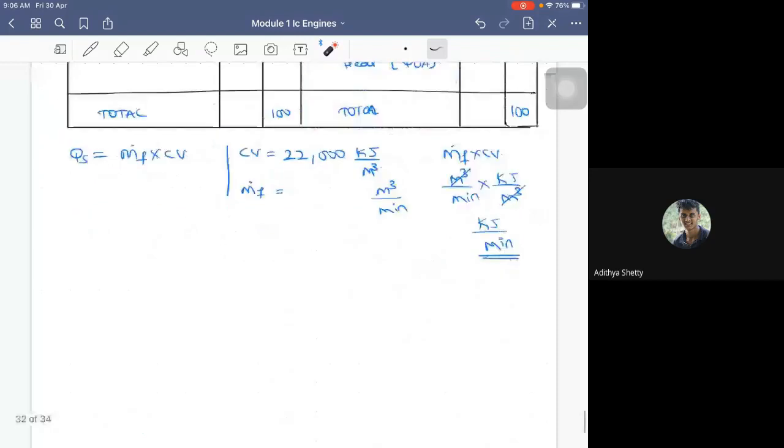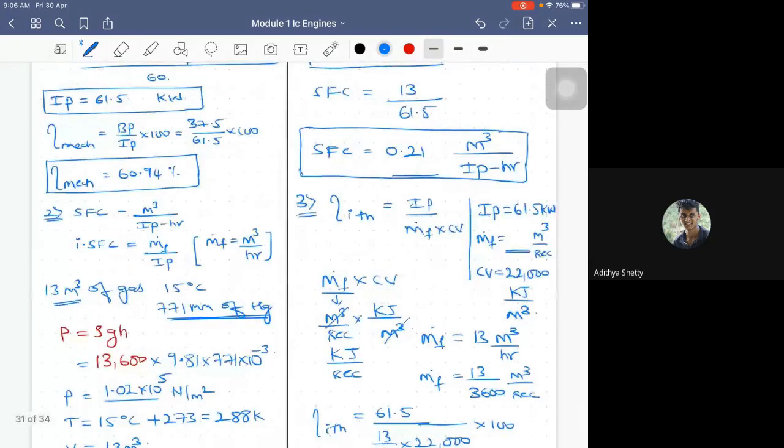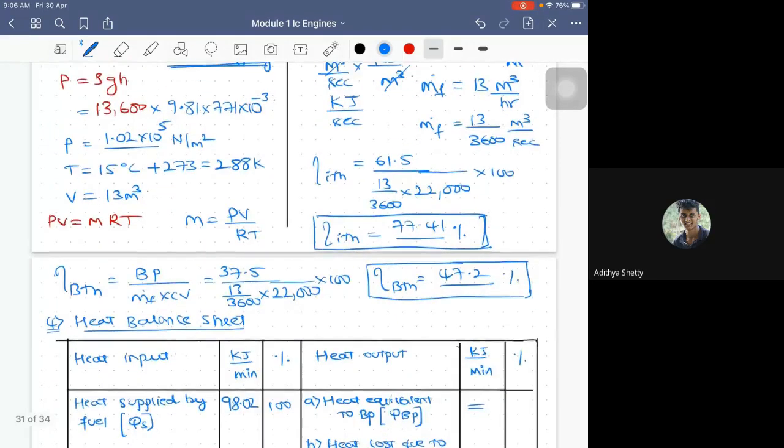Okay. So now for that, you have to substitute the value of mf in meter cube per minute. What is the value you have got? mf, you have 13 meter cube per hour, isn't it?